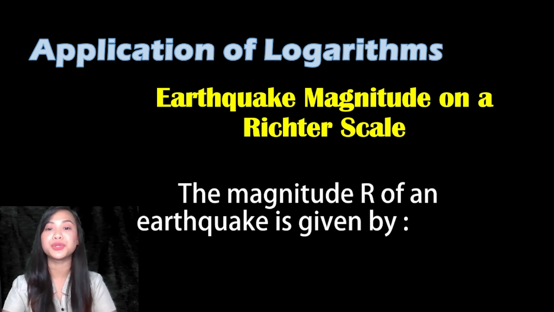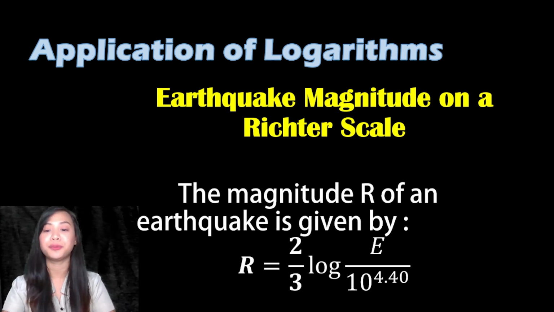So the magnitude and intensity of the earthquake were measured by the seismograph on a Richter scale. The magnitude R of an earthquake is given by this formula: R = 2/3 log (E / 10^4.4).